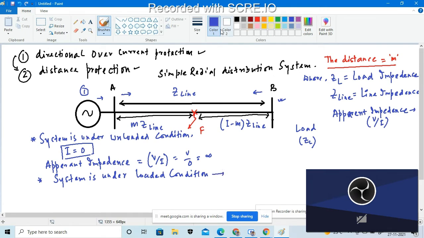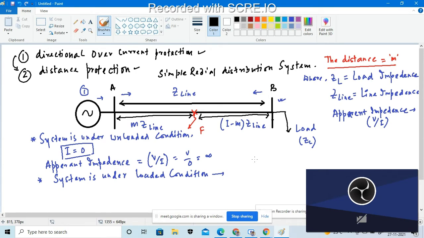Suppose we are connecting one system which has a load, we are connecting one load. As the system is loaded, the apparent impedance is reduced to some finite value. So what will be the apparent impedance? The apparent impedance should be reduced to some finite value.